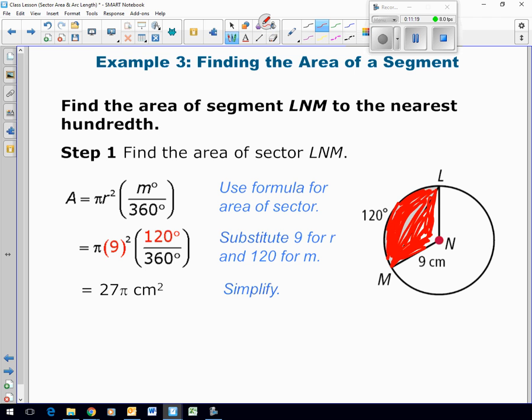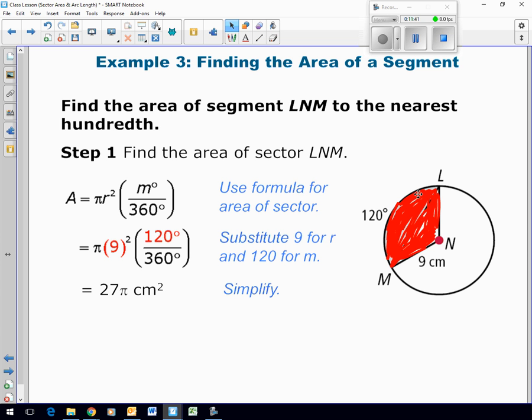Mr. Kennedy, how do we find the area of a sector? Why don't you look at your notes? The area of a segment and the area of a triangle.